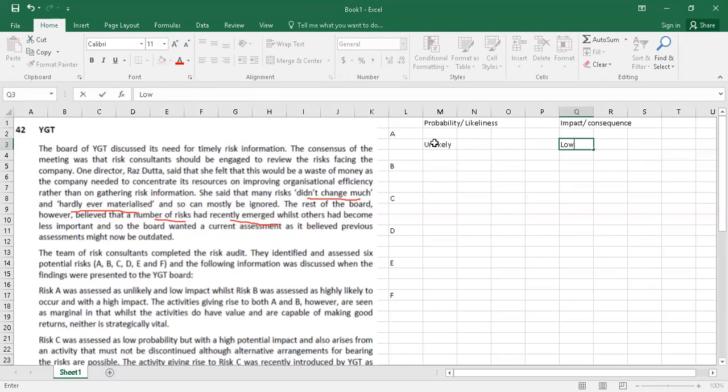Next, while B was assessed as highly likely to occur and with a high impact. The impact here is also high. So I have to write this against B.